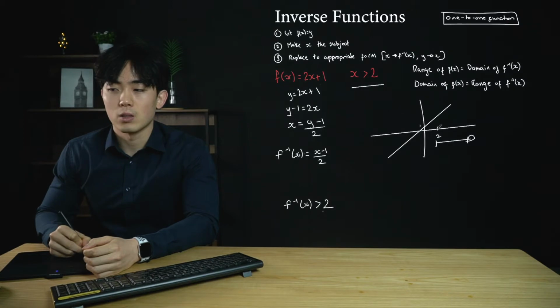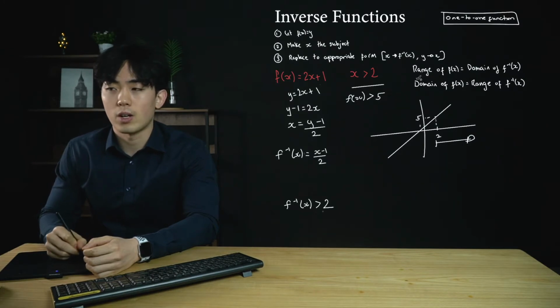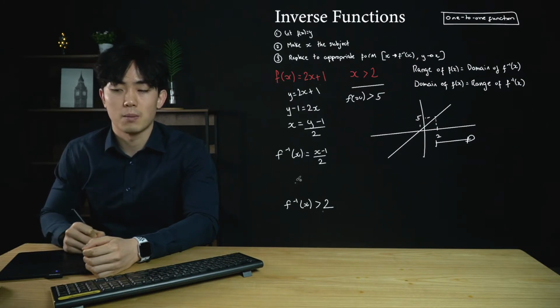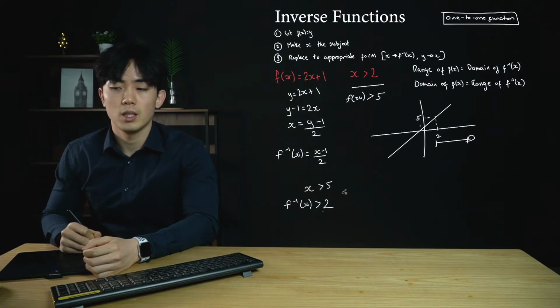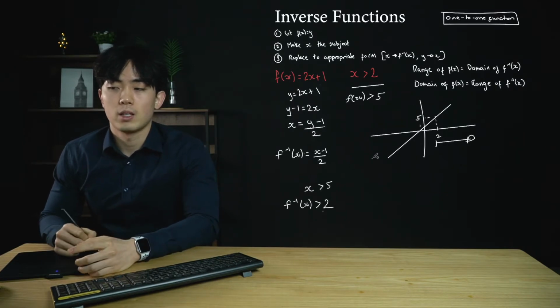So when x is 2, our y value is going to be 5. So therefore, the range of our function, if we were asked to find that, would be any value bigger than 5. And as you can see, the range of the function will be the domain of the inverse. That means the domain of the inverse, x, will be bigger than 5. Okay, so as you can see, this is how they're related.